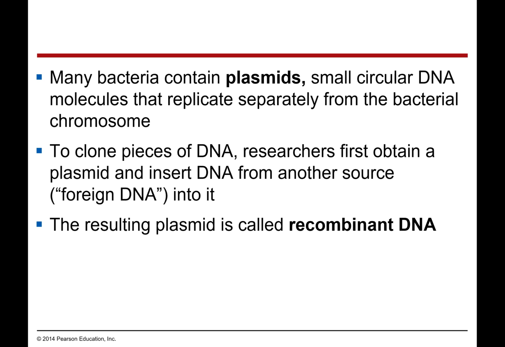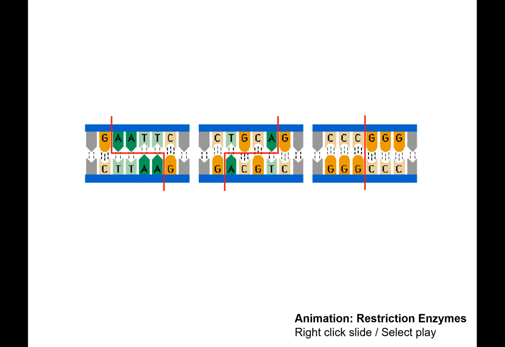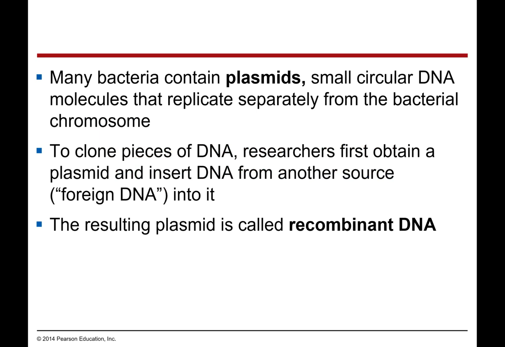Recombinant DNA is the plasmid taken from the bacterial cell and the DNA that they want to study combined with one another. They then reinsert that DNA into the bacterial cell, where it will be replicated over and over again. And then they're able to withdraw those genes, and now they have multiple copies of the gene they needed replicated in the first place. That's the process of gene cloning.